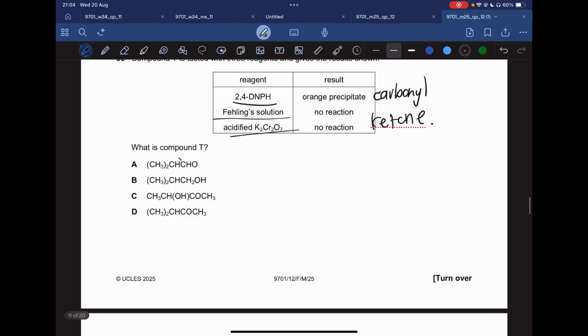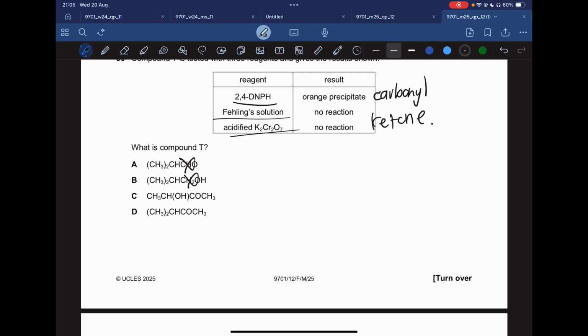So this is an aldehyde, and let's determine whether the other two can work. So this is an alcohol, it can't work. Between these two, those are both ketones. Which one can work?